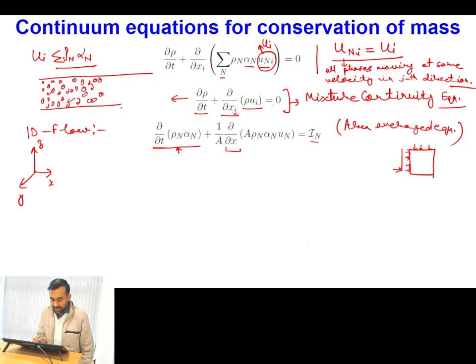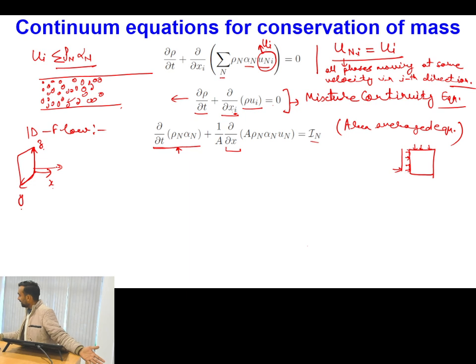Okay. So when i is 1, I am referring to x. When i is 2, I am referring to y. When i is 3, I am referring to z. Okay. But when I talk about the area averaged quantity, then my x and y become the cross section, and only x becomes the direction along which properties are moving. Okay, so that is the reason that when I am writing this del by del x term, I am writing only x. So it means now it will not have dependence on other directions.